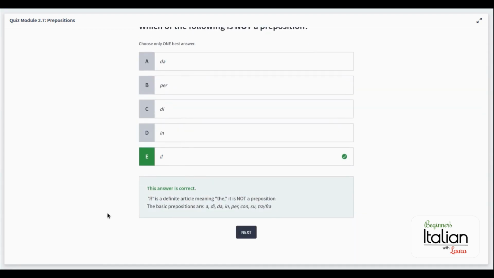Okay, so the answer was E, il. Il is a definite article meaning the. It is not a preposition. The basic prepositions are a, di, da, in, per, con, su, tra, and fra.